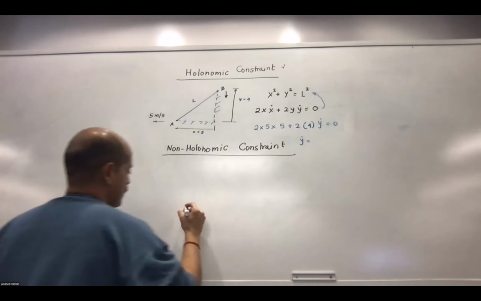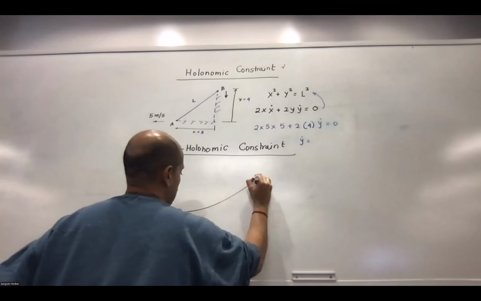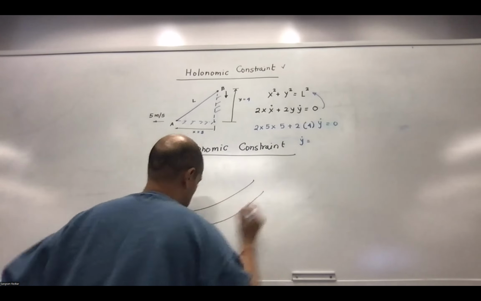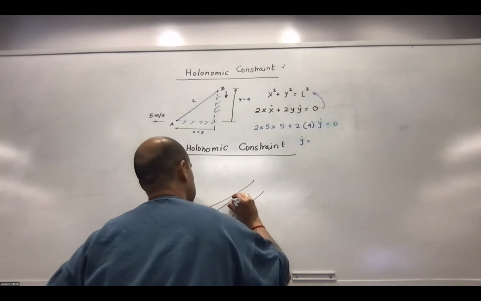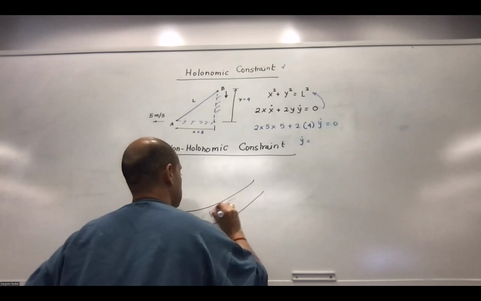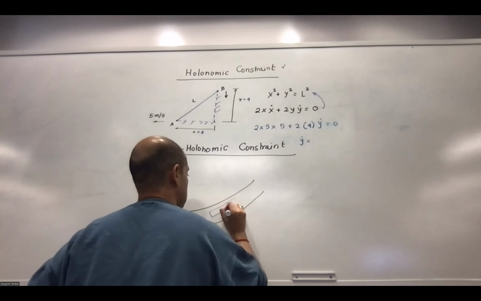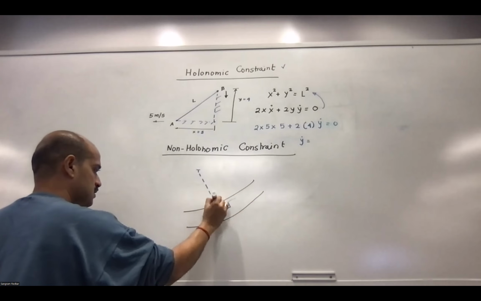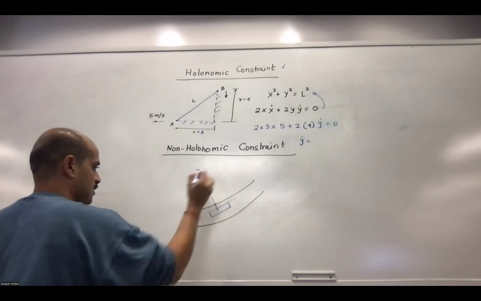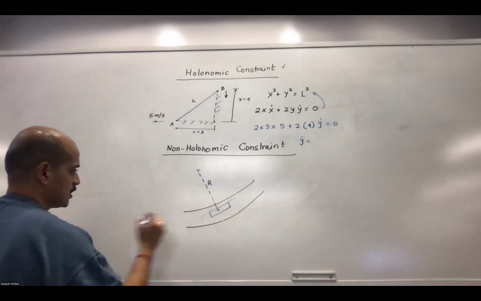So imagine that we have a car. That car is going in this direction. This is the radius of curvature.